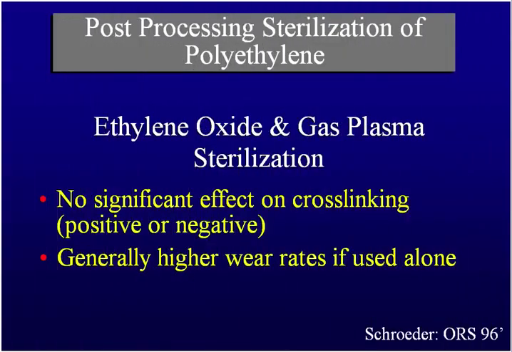So with ethylene oxide and gas plasma, you get no significant effect on cross-linking. If you take that polyethylene and compare it to low-dose irradiation, the same implant, same devices, same manufacturing, you will generally get higher wear rates on the gas plasma or ethylene oxide implants compared to the cross-linked. Okay.